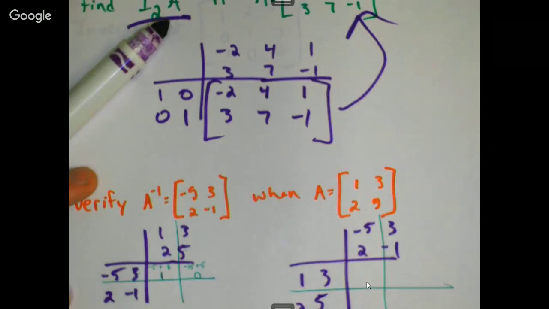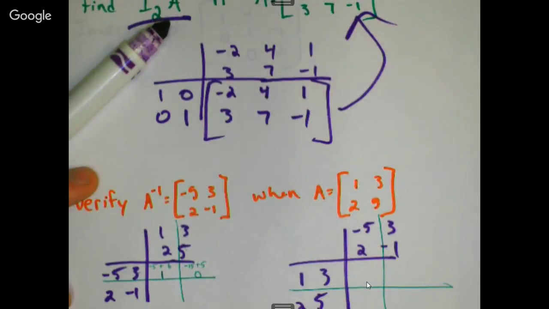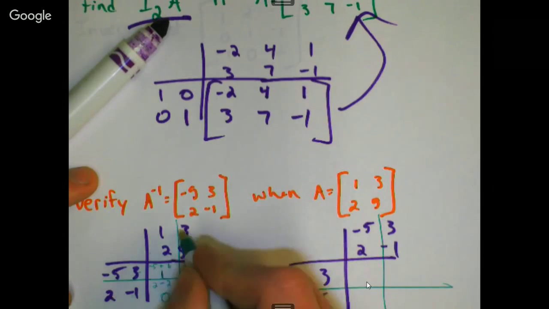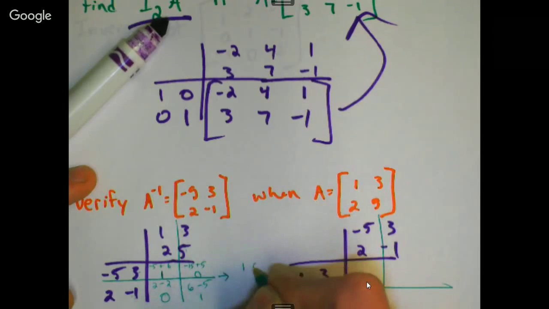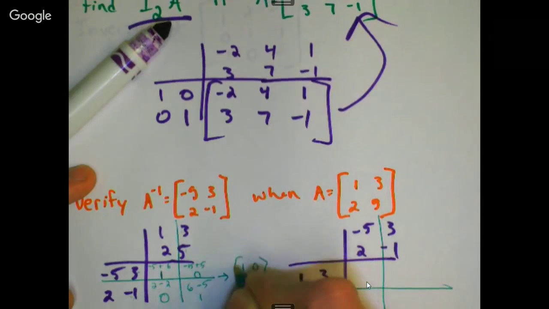So I'll get 2 times 1 is 2. -1 times 2 is -2. So that's 0. And then 2 times 3 is 6. -1 times 5 is -5. So that's a 1. So I do get my identity matrix back, which is good.